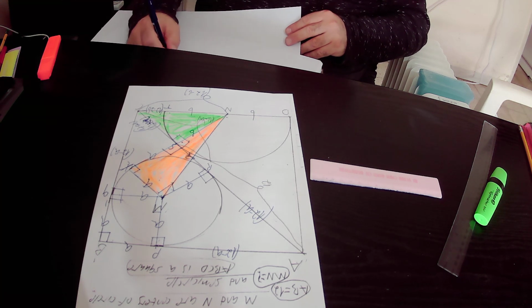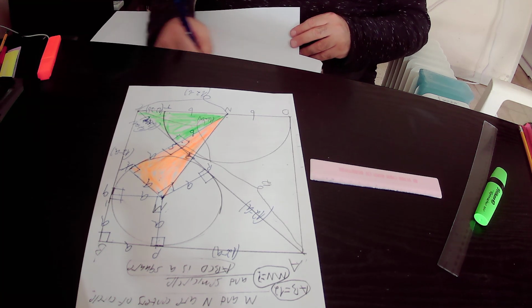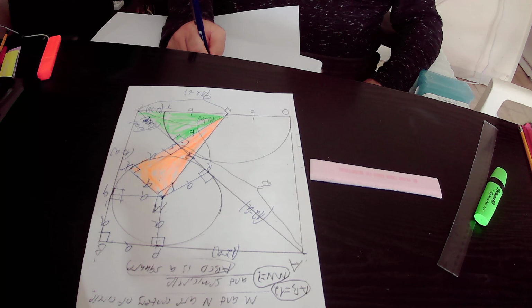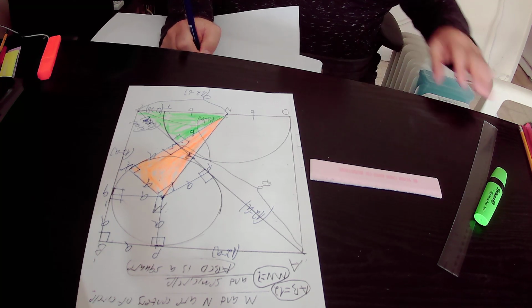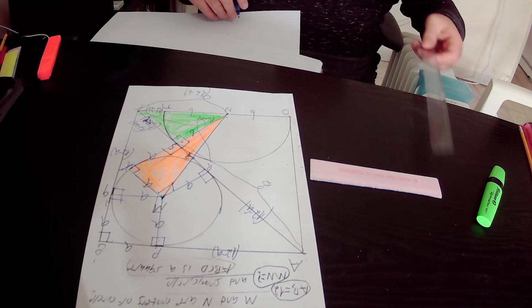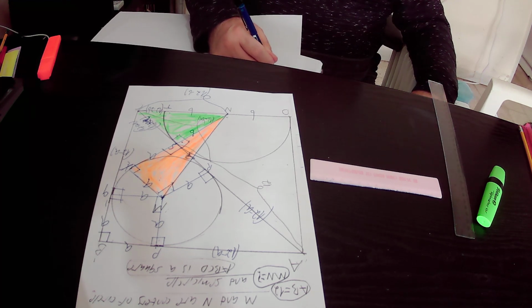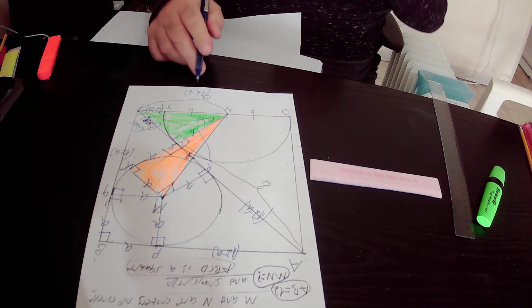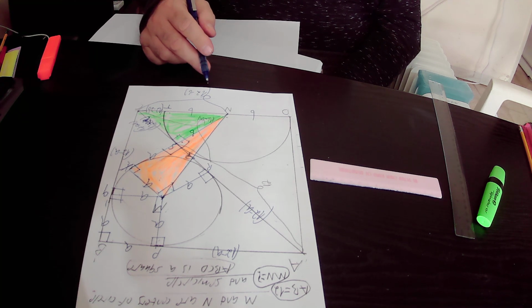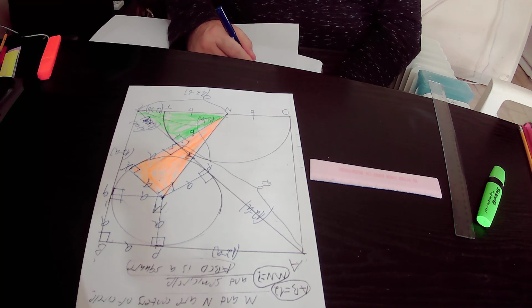So, in the orange right triangle MNX, according to the Pythagoras theorem, the square of the hypotenuse equals the sum of the squares of the perpendiculars. The hypotenuse in the orange triangle is Mn, therefore the square of the hypotenuse is Mn squared.